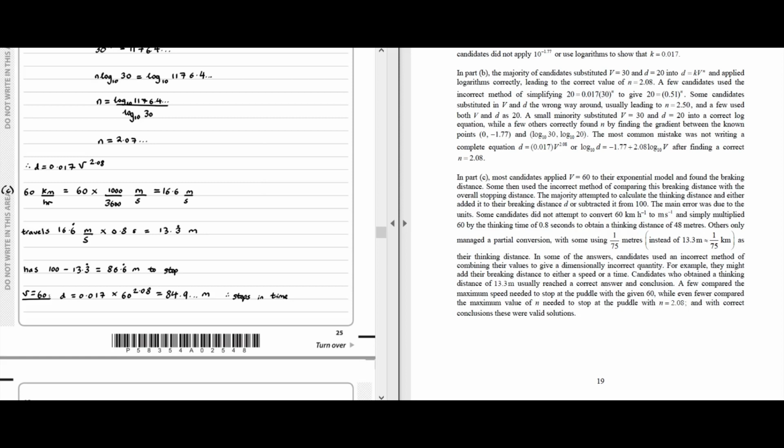For example, they might add their braking distance to either speed or time. Candidates who obtained a thinking distance of 13.3 usually reached the correct answer and conclusion.